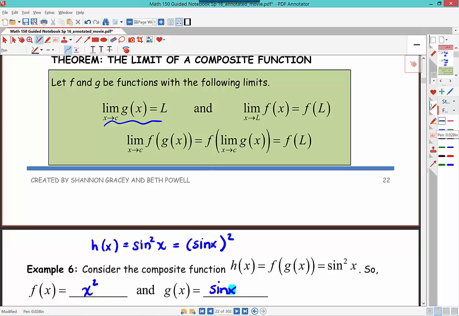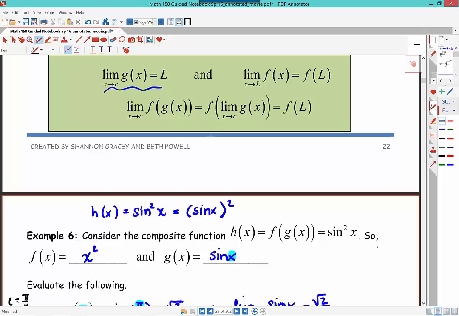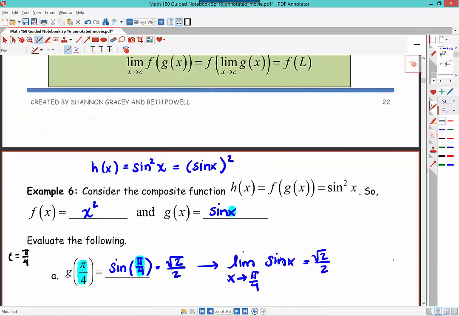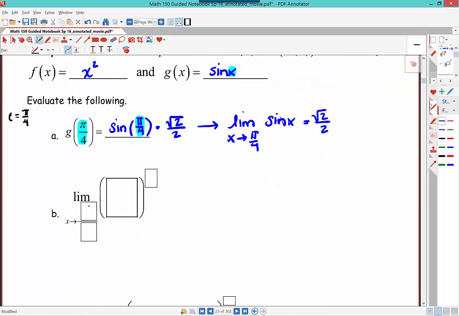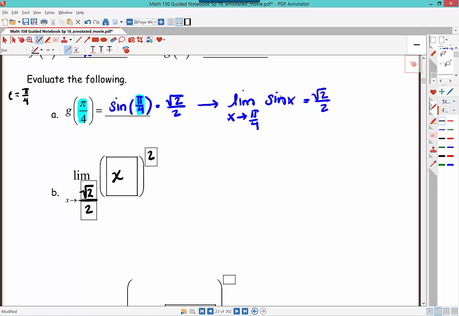Now, if we go to that next step, as we approach the limit that we got of our function, as we approach root 2 over 2 of f of x, which we described as being x squared, then what would that give us?